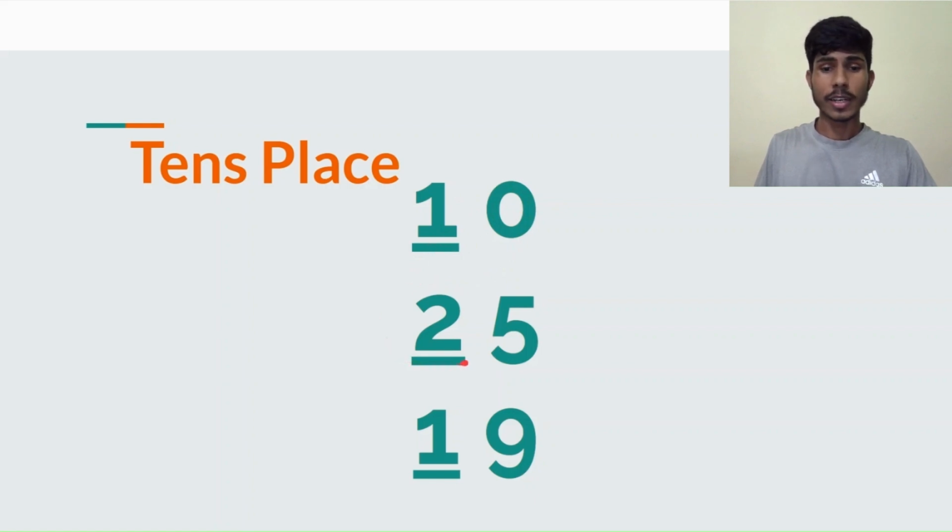Suppose you consider another number 25, then this 5 is in ones place and the next digit towards left here is 2. So this 2 is said to be in tens place. Okay. Now if you consider another example 19, then this 1, the second digit from right, is said to be in tens place. Okay. So the rightmost digit will be ones place and the next digit towards left will be in the tens place.